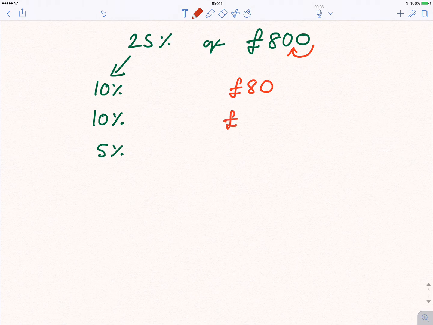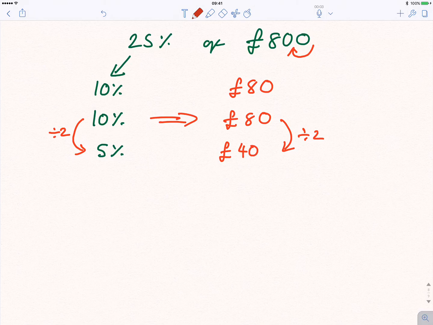And another 10%, so that's £80 again. Now what is 5%? Well, if I know 10% is £80, then 5% is just half of 10%. So I divide that by 2, and I will get £40. So my 5% is just £40.